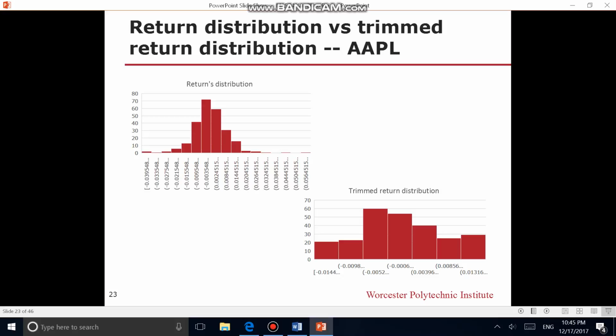Before we do trimmed least square, we have a Gaussian distribution and the range is so large. And after we do the trimming, our returns are concentrated on several midpoints.